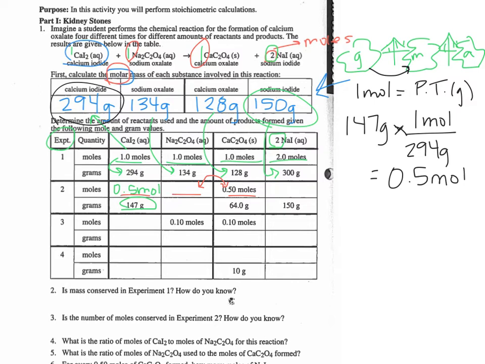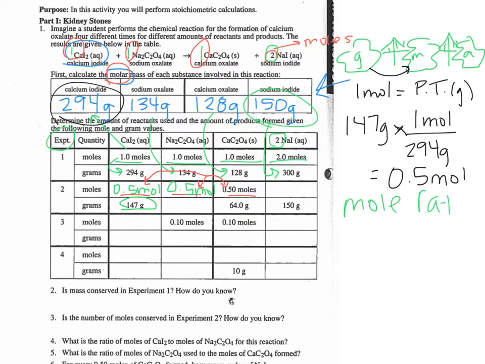And the same for this one, because these 3 are all 1-to-1 ratios. So because we know that sodium oxalate is a half a mole, we can determine that our calcium iodide is a half a mole. And check it out, we can also determine this missing piece has to be a half a mole.